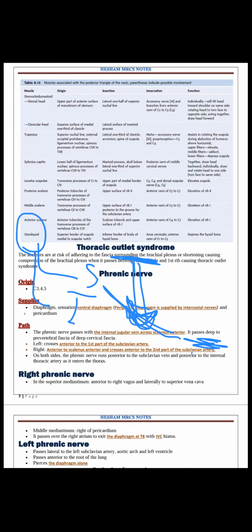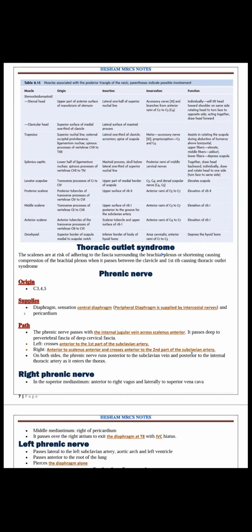Superior belly of omohyoid is from the hyoid to the clavicle and inferior belly from the clavicle to the scapula. This omohyoid muscle is part of the infrahyoid muscles, and it is part of the strap muscles supplied by ansa cervicalis. Infrahyoid muscles are responsible for depression of the hyoid bone.